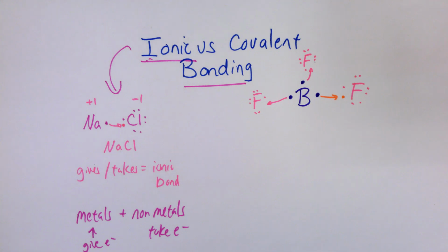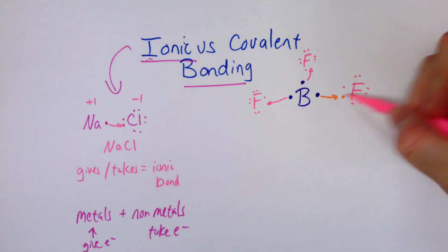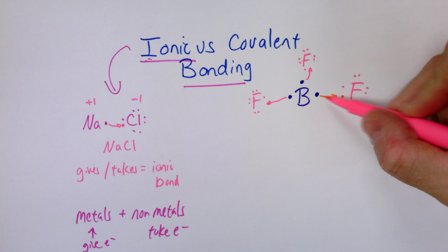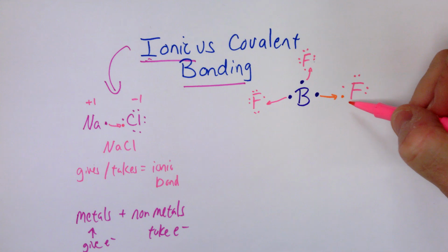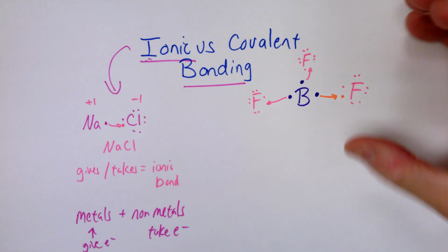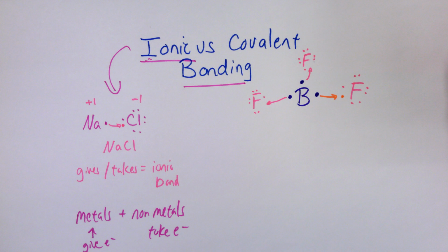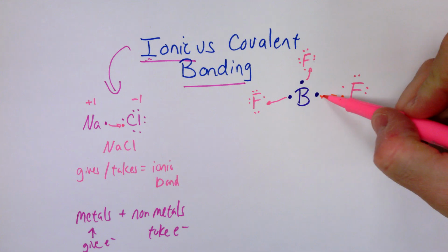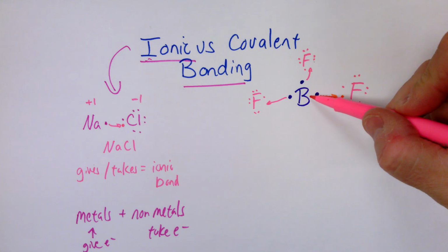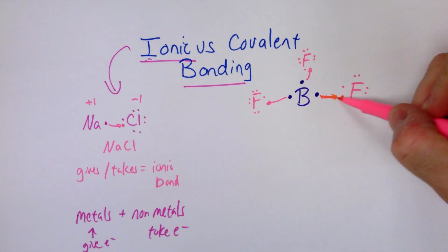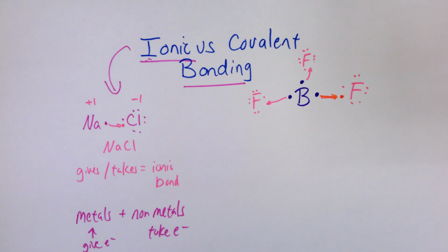So they come to a little bit of a compromise here. Fluorine looks at boron and says, hey, why don't I kind of borrow this electron? I know I can't take it from you. I'm not strong enough to totally grab it from you and pull it away. But what if I just kind of scooch it over here close to me? It's still yours, and it's still being attracted by your nucleus and your protons, but I'm just going to pull that little electron over here, and we'll kind of share it.